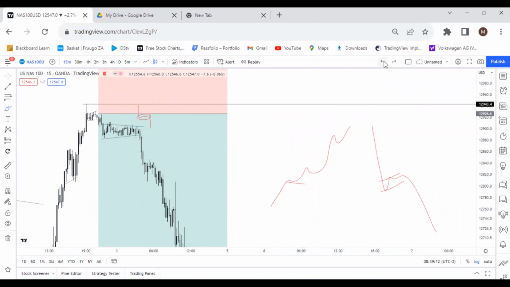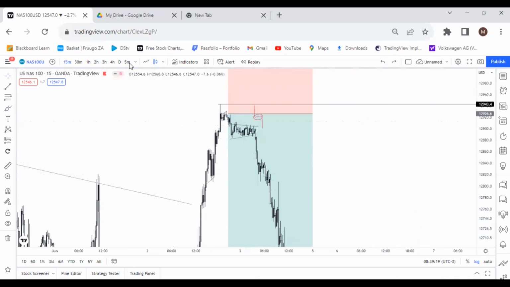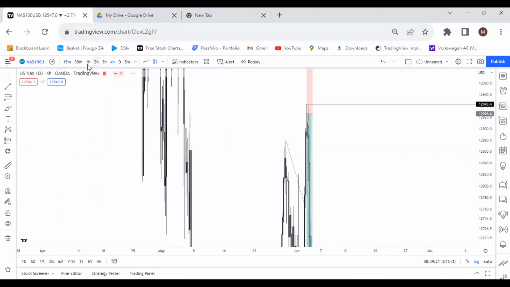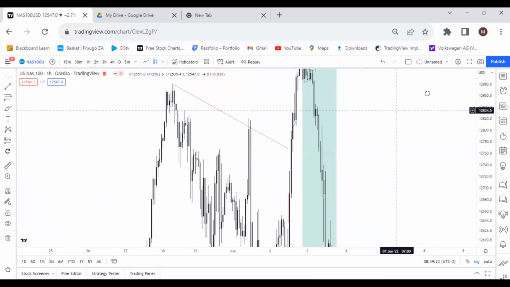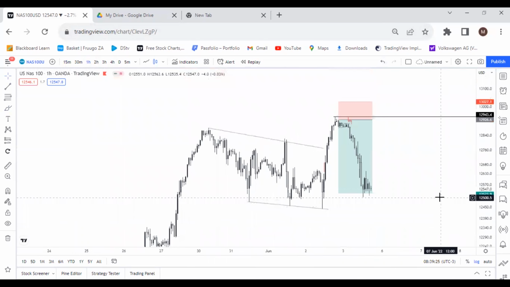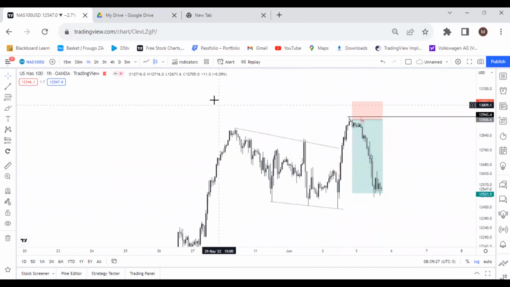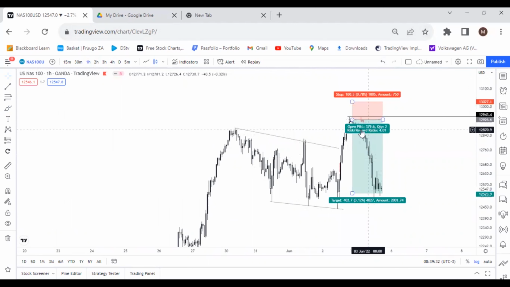With Nasdaq, these corrections happen so often because you hardly get these nice structures in the 1 hour time frame. These hardly happen, so you end up relying on these corrections.